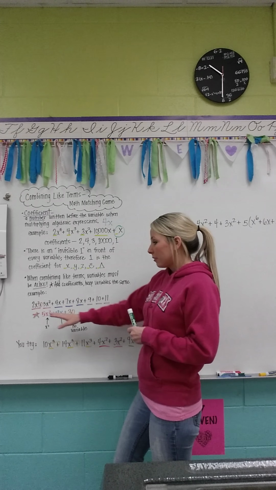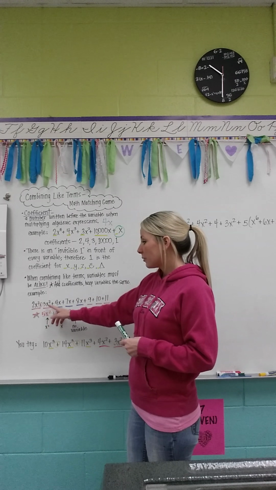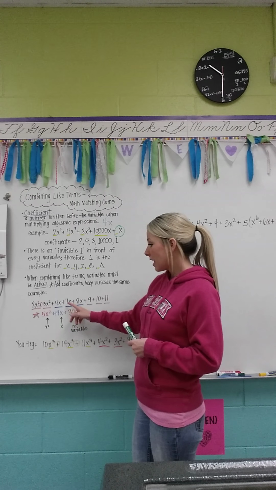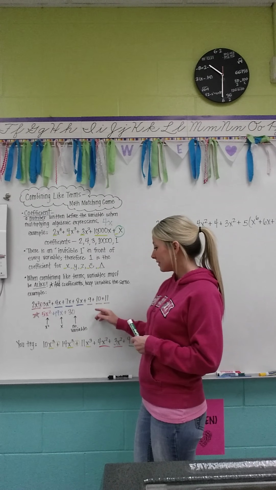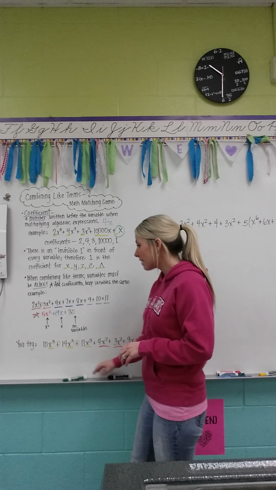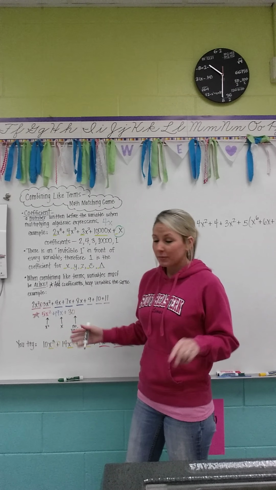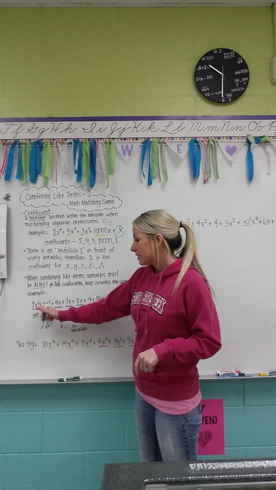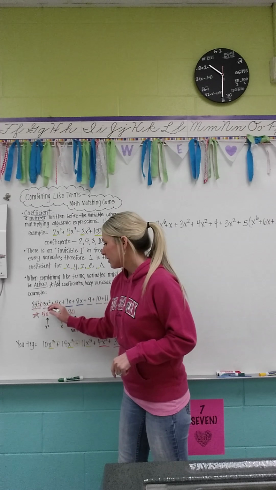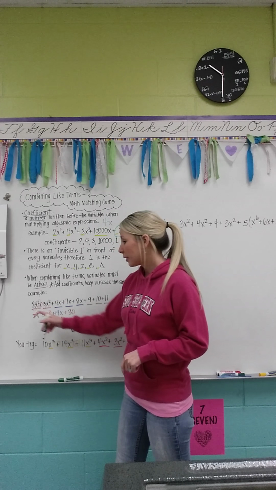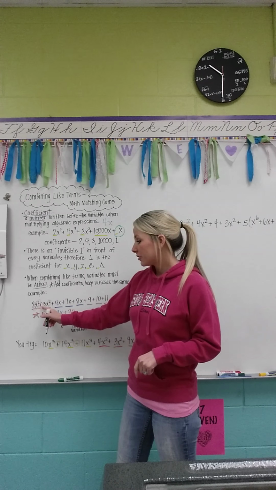So in this problem, I have 2x squared plus 3x squared plus 4x plus 7x plus 8x plus 9 plus 10 plus 11. My variables, guys, if you look, I've color-coded it, and that's the easiest way for me to do it. Red is the x squares. Here I have x squared, here I have x squared. My coefficient is 2, my coefficient is 3.